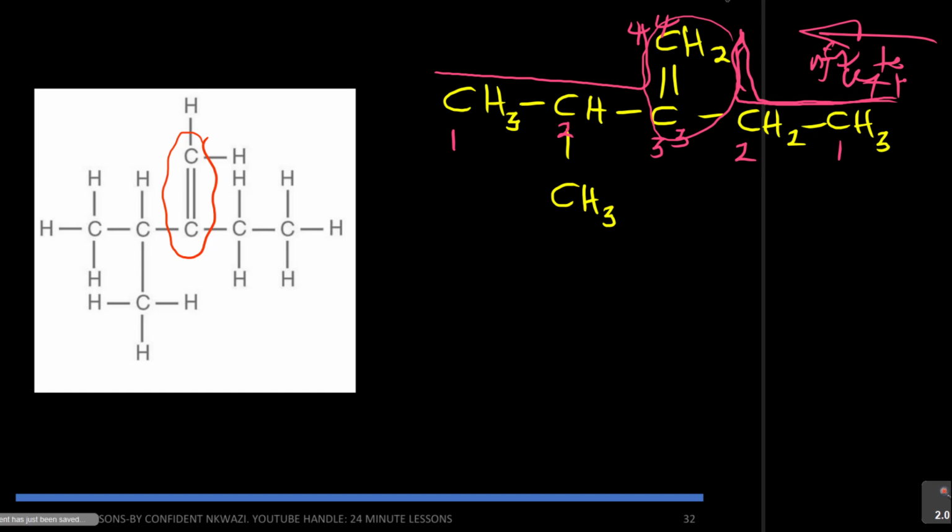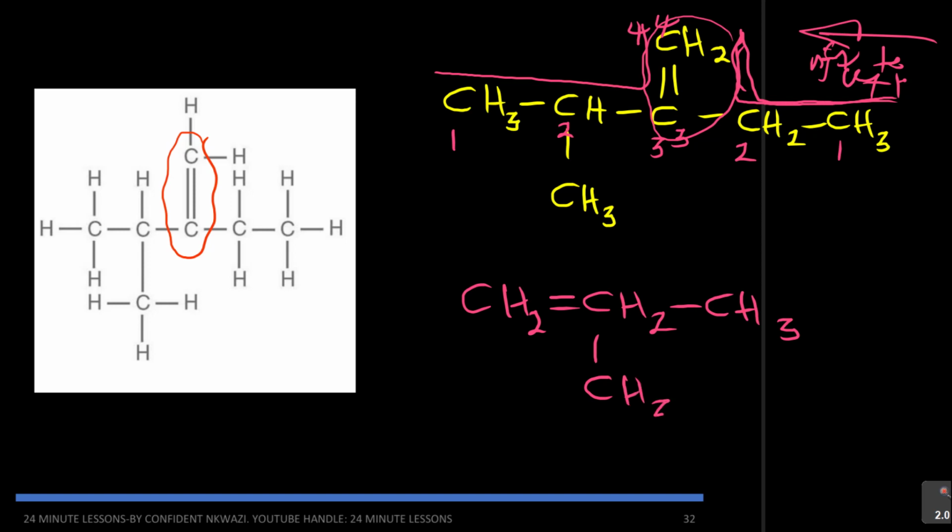I will make this the main line as CH2 double bond CH2 and then CH3. So I've made that the front line. Then going down, I think here, like that, it is CH2, CH3, and then here it's CH3.